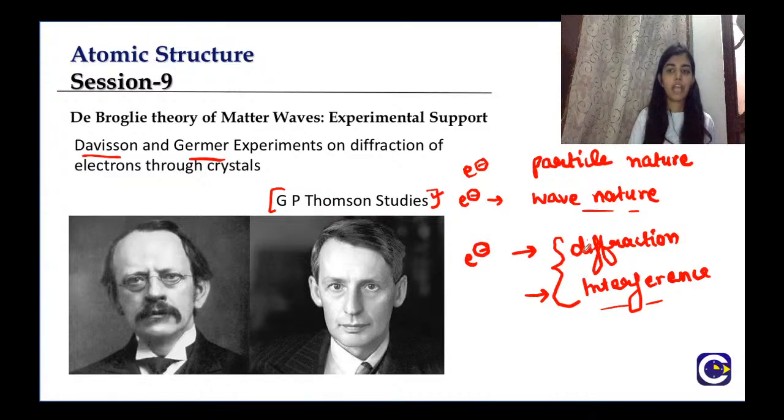We already know that diffraction and interference explain the wave nature of matter. So from this they concluded that yes, the electron possesses a wave nature as well as a particle nature. These were the experimental supports given to the de Broglie theory of matter waves.